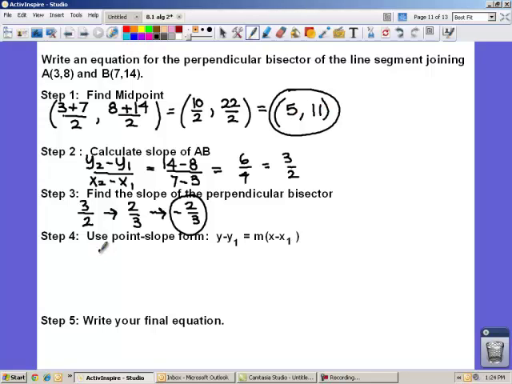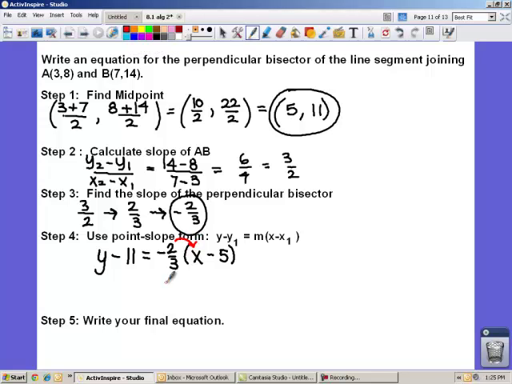So we can figure out, by using this point slope form, what the equation is by plugging in these values. So we're going to say y minus y1, which is 11, and the slope is negative 2/3, x, and then minus the x1, which is 5. And we're going to simplify this. So first thing I want to do is use the distributive property.